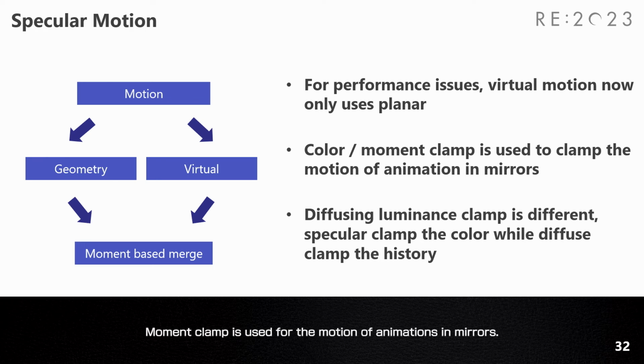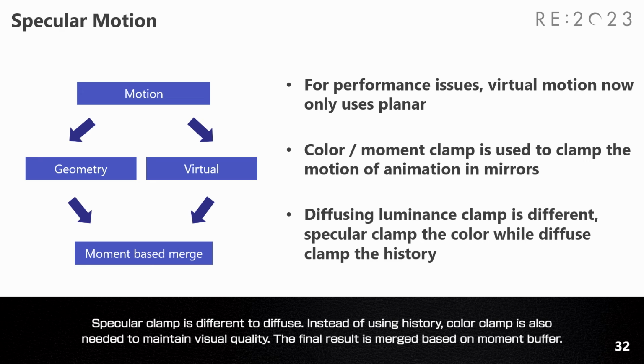Moment clamp is used for the motion of animations in mirrors. Specular clamp is different from diffuse. Instead of using history only, color clamp is also needed to maintain visual quality. The final result is merged based on the moment buffer.